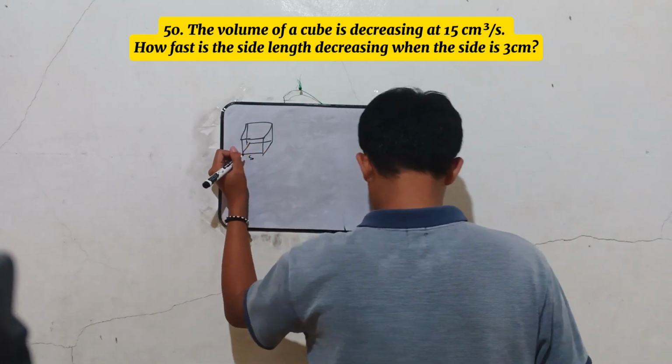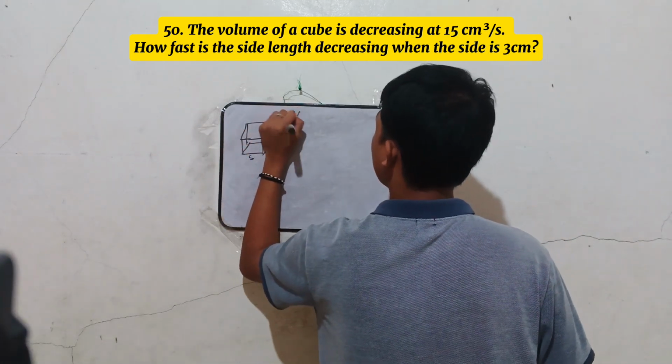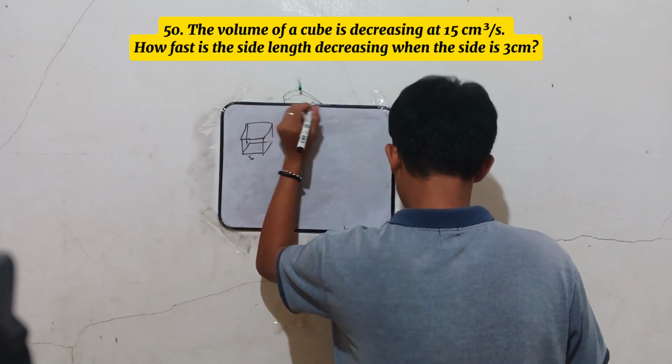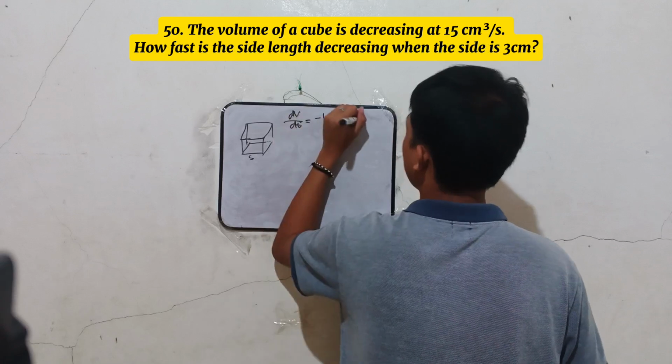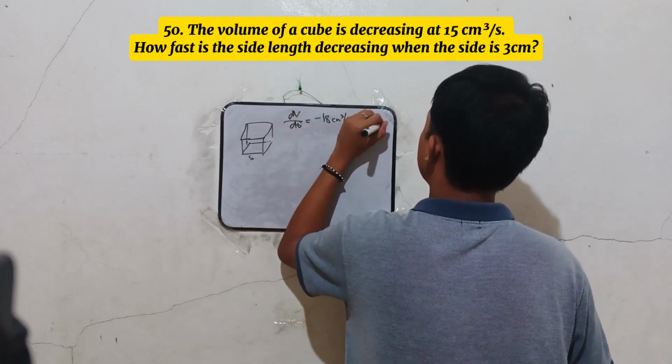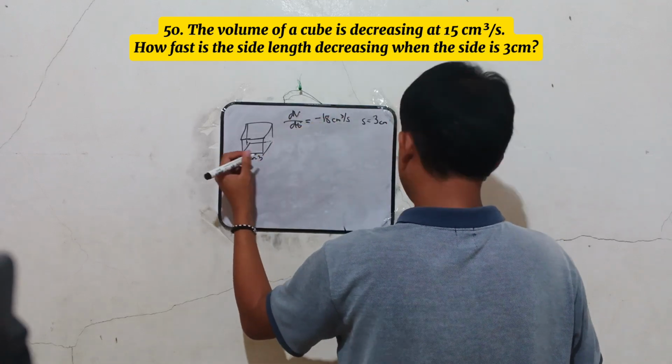So this is s. So it is already given the derivative of volume with respect to time, which is 18 cm cubed per second. Then our s is again 3 centimeters, so this will be 3.